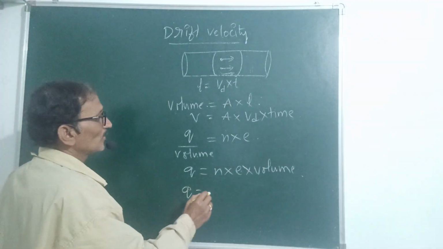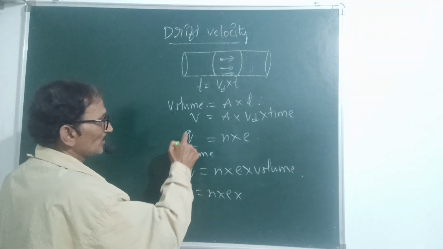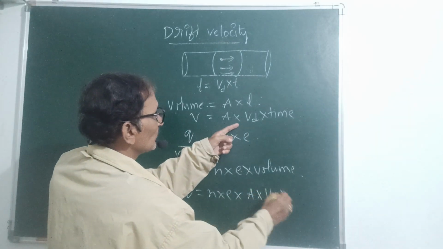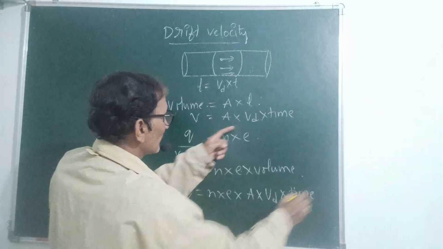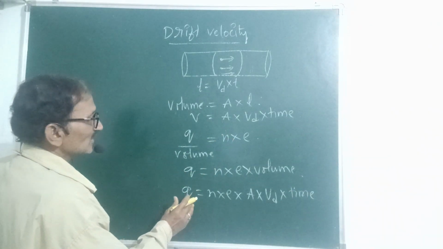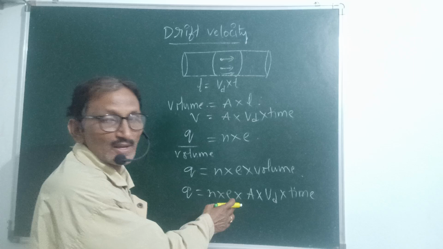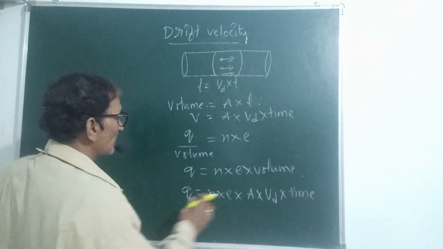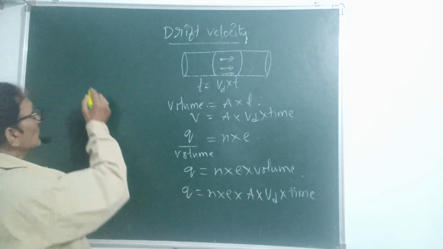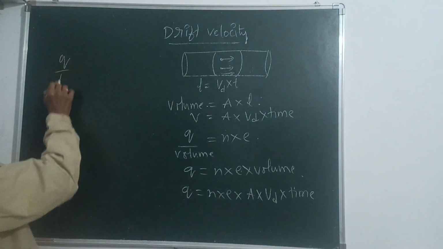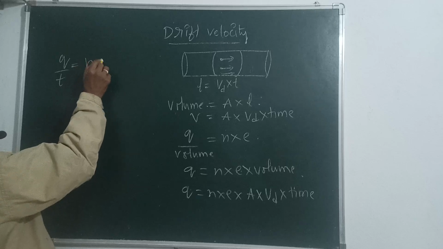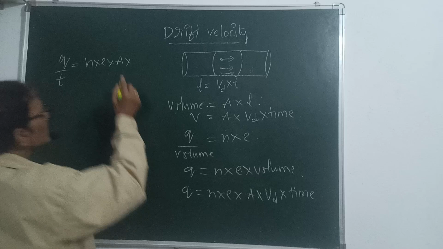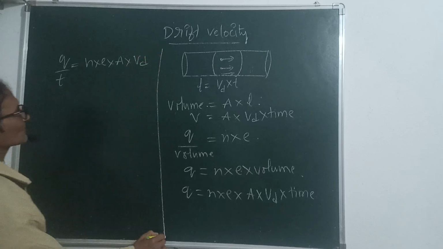Now Q is equal to n into e into volume, and what is the volume here? Area into length, and length is drift velocity into time. So Q is equal to n into e into area into drift velocity into time. I have got it. Now bring this time to the denominator of Q, so we have Q by t is equal to n into e into area into drift speed.